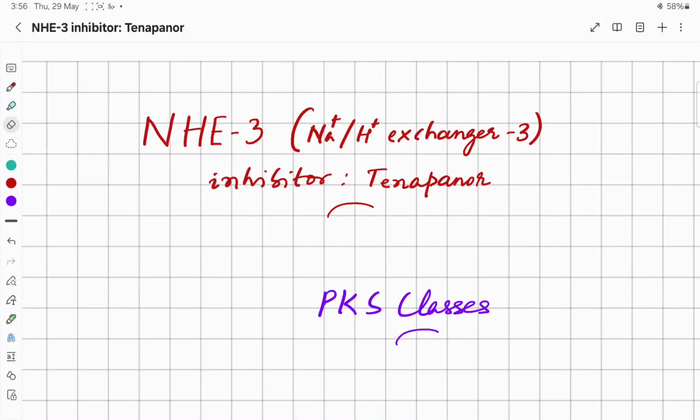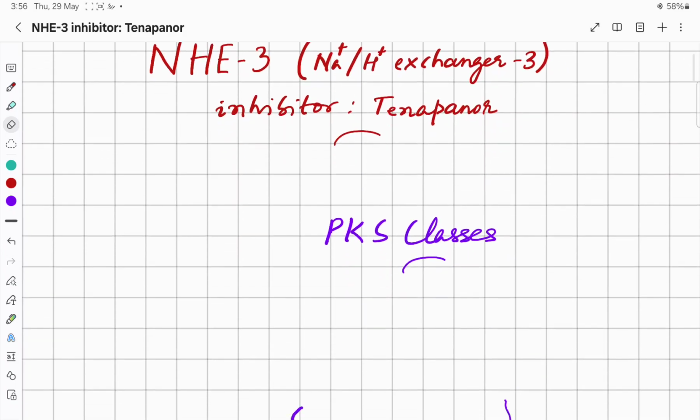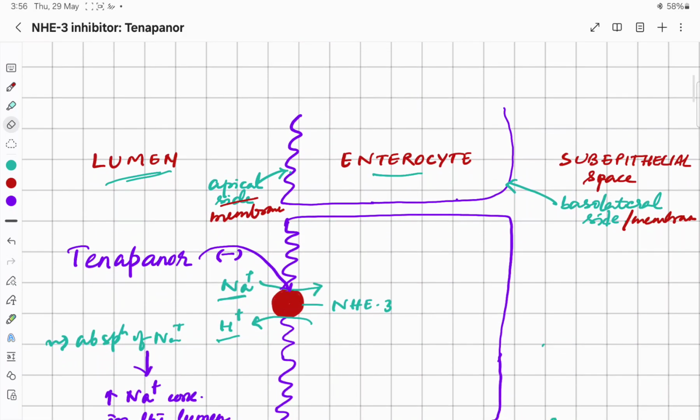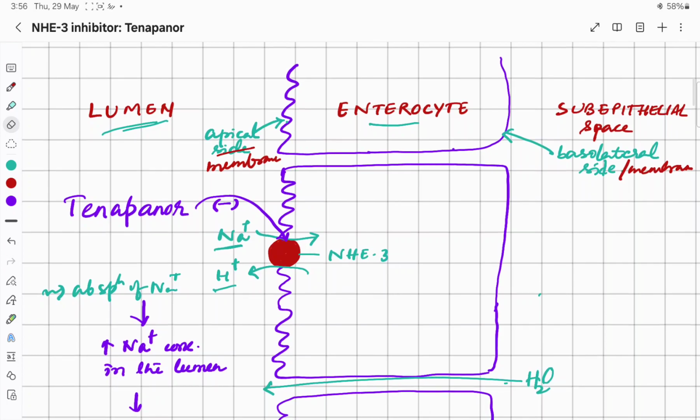Today we'll study a new laxative drug, that is Tenapanor, which acts as an inhibitor of sodium hydrogen exchanger type 3. So sodium hydrogen exchanger is named so because it exchanges sodium with hydrogen.